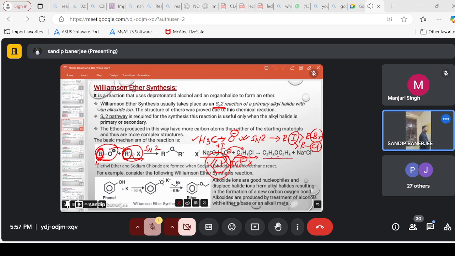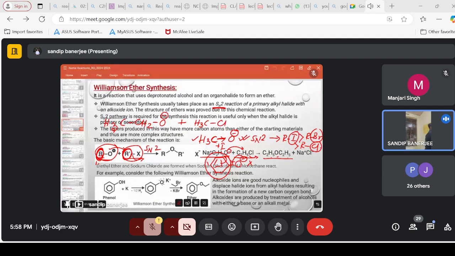Now you can change the situation of the ether. If you want to get an asymmetric ether, then you have to choose the substrate accordingly. Let's think, I am starting with the substrate CH3CH2O minus, this alkoxide, plus the remaining part, let's think, CH3Cl.